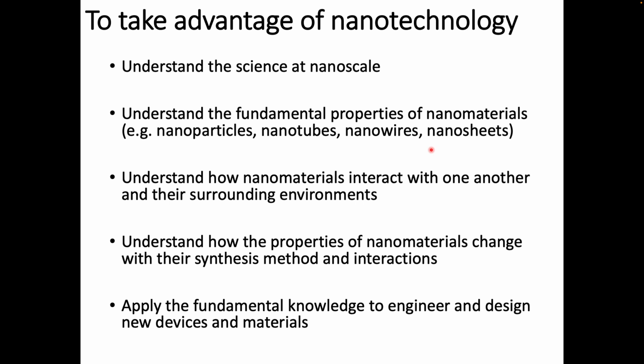And by the way, these two items are tied together because, depending on the synthesis method and interactions, the nanomaterials' properties can drastically change. Nanomaterials are very sensitive to the synthesis method, and because of their high surface area, they get easily influenced by interaction with the environment.